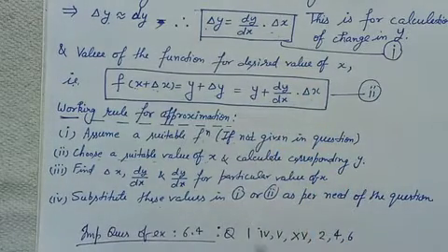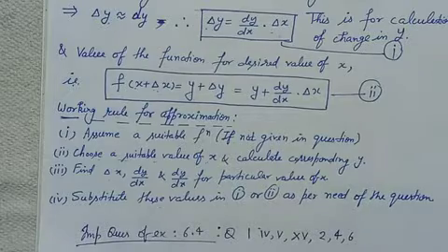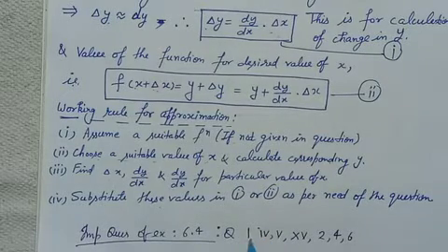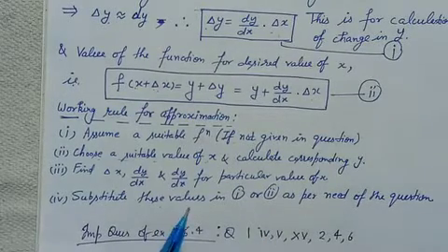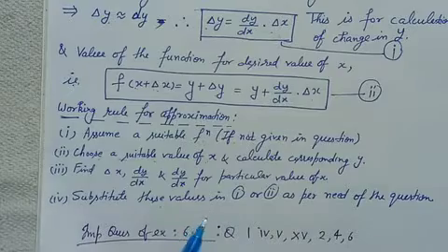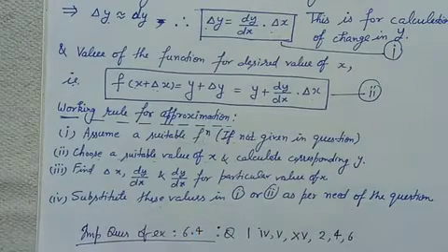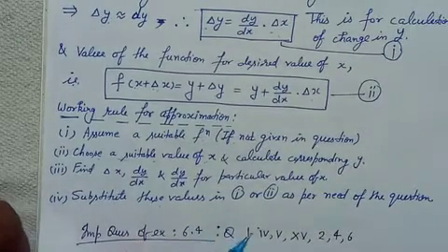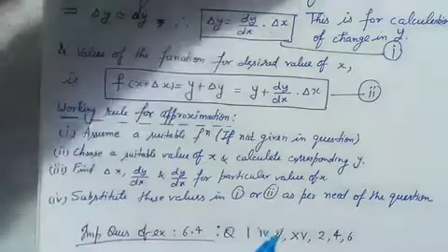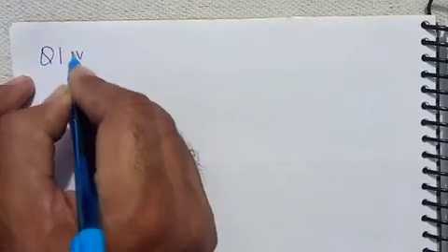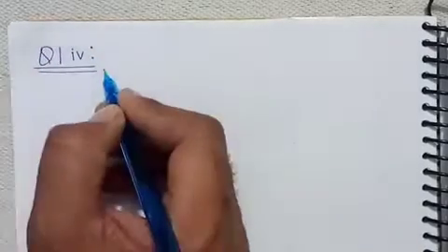This is the list of important questions of this exercise. Now we will attempt fourth part of first question, given on NCERT page number 216, exercise 6.4, first question, fourth part.